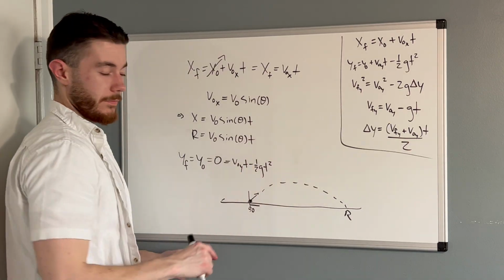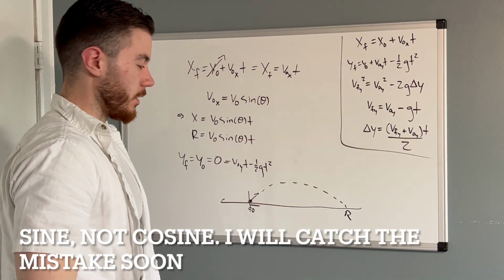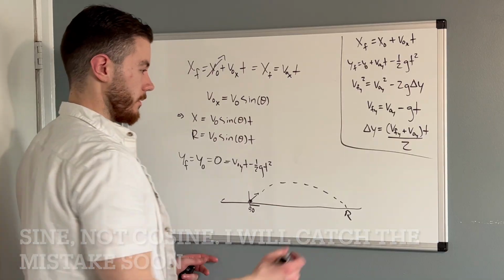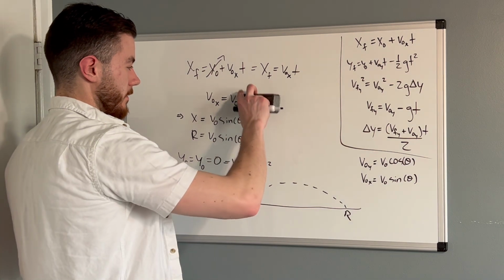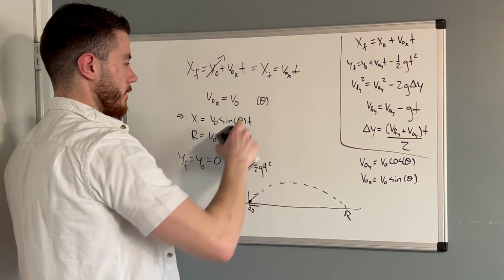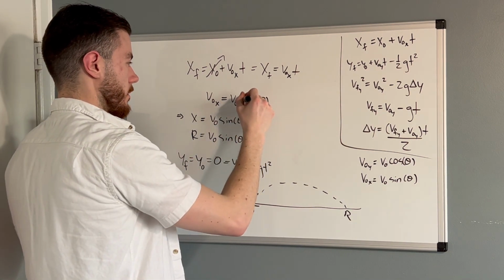What is v naught y? v naught y is nothing more than v naught cosine theta, as I showed earlier. Matter of fact, let me add those. Excuse me, I made a mistake. So this is cosine. Yeah, cosine goes with the x component, of course.